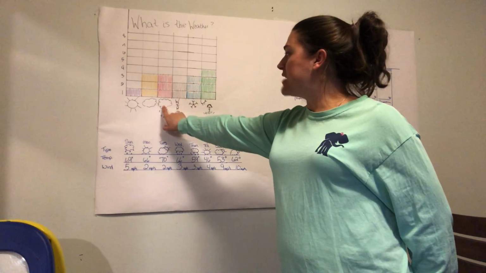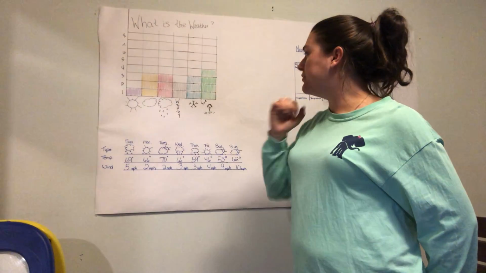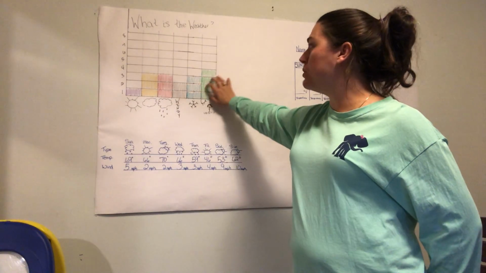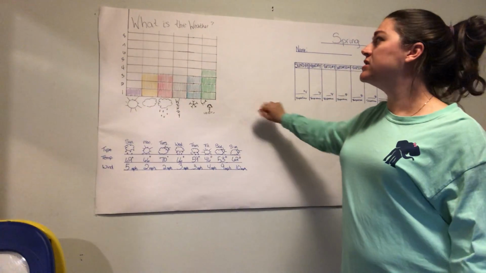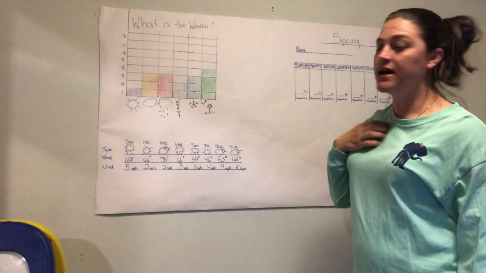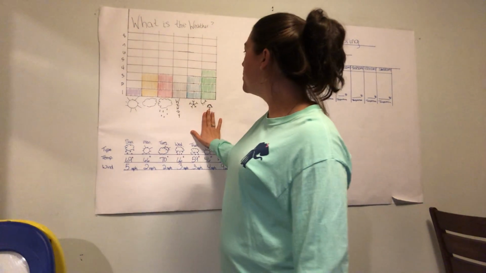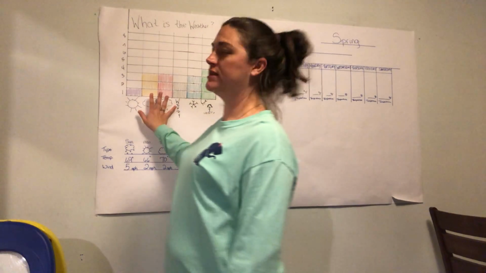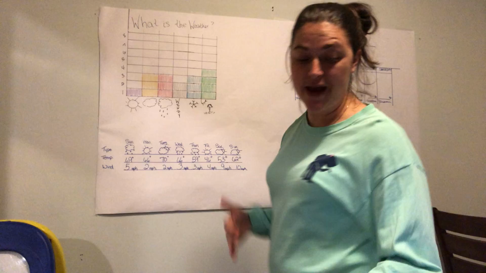The same amount of rainy days as cloudy days, just a couple of windy days, a few cold days, and mostly warm days. So by looking at this chart, we can see that typical spring weather is warm, slightly rainy, and slightly cloudy for this week for our area.